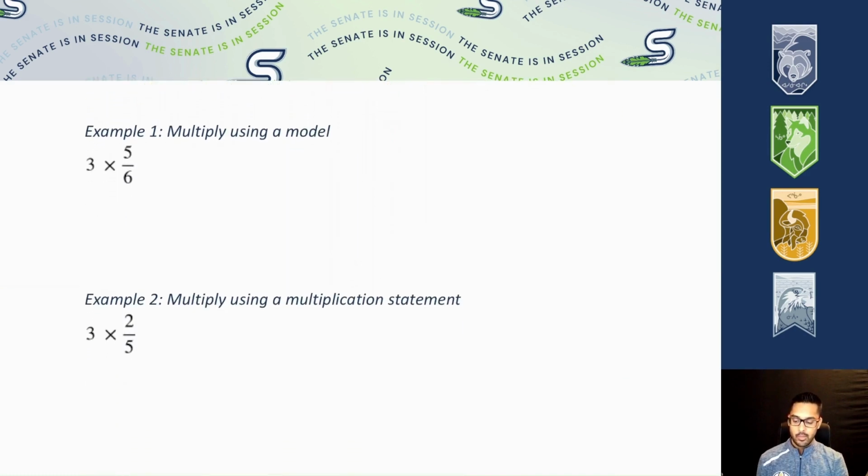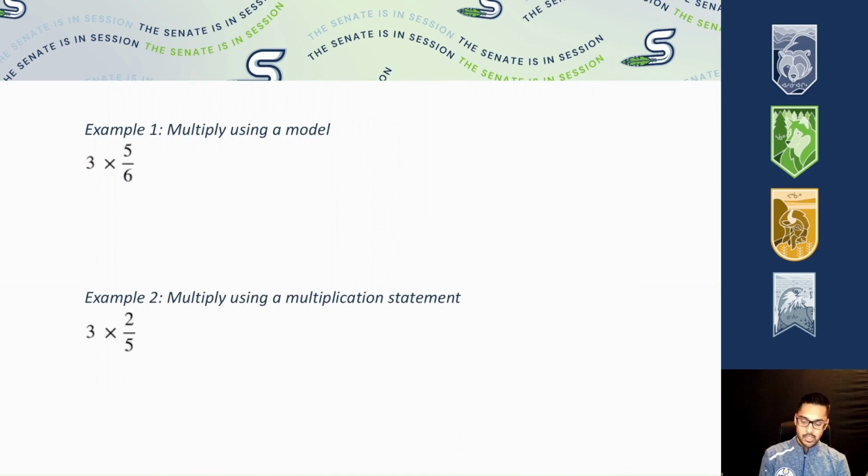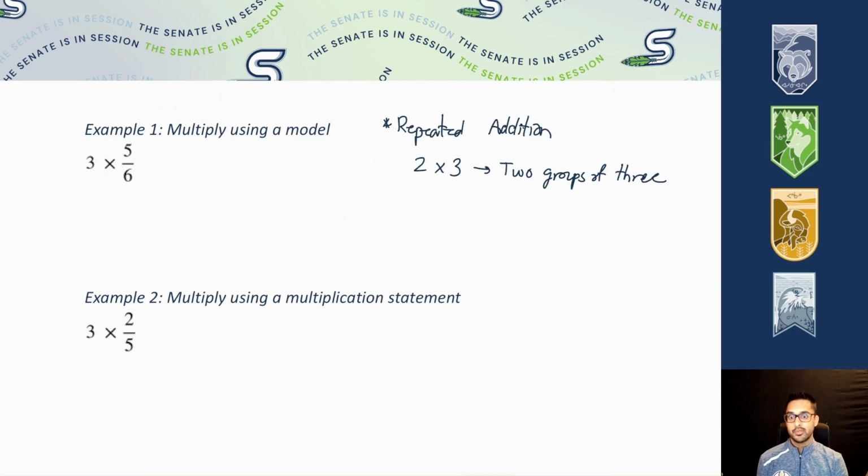So I should remember that multiplication really is just repeated addition. Think about doing something like 2 multiplied by 3. That would really be telling us to do 2 groups of 3, or 3 groups of 2, because with multiplication the order that the numbers appear doesn't really matter.